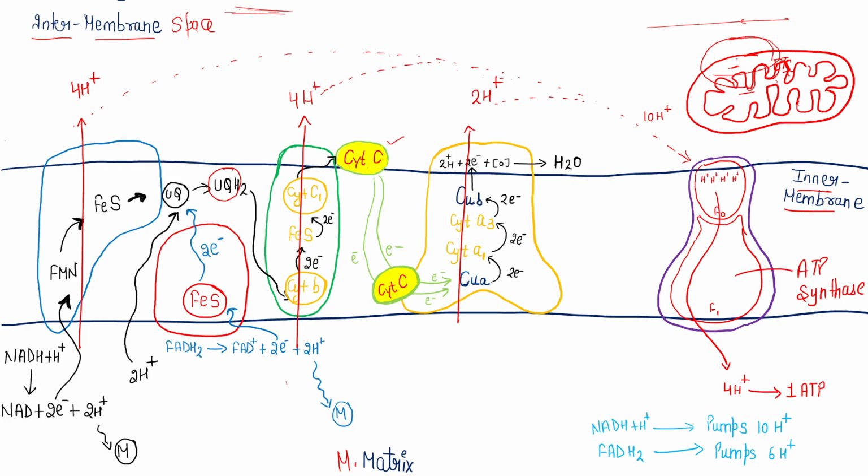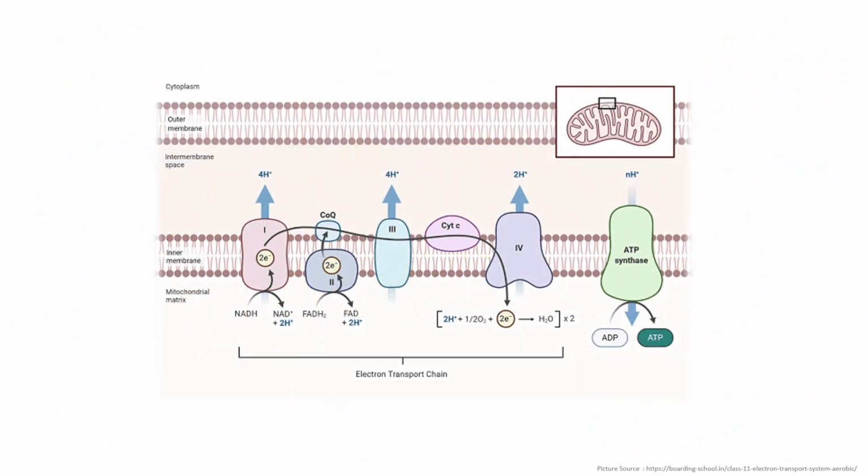We will get into it later, but first we need to get the idea of what we are going to do. This whole image I have taken from a source. Complex 1, complex 2, complex 3, and complex 4 are all responsible for the electron transport chain only, right?